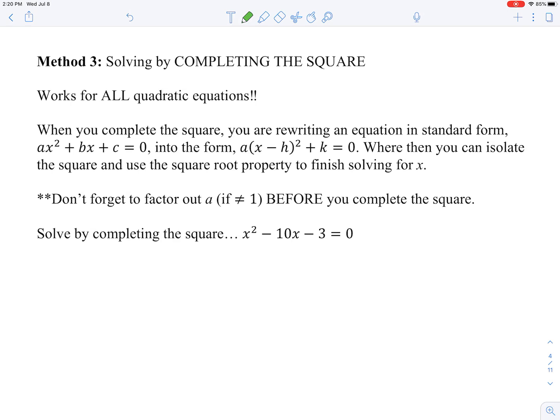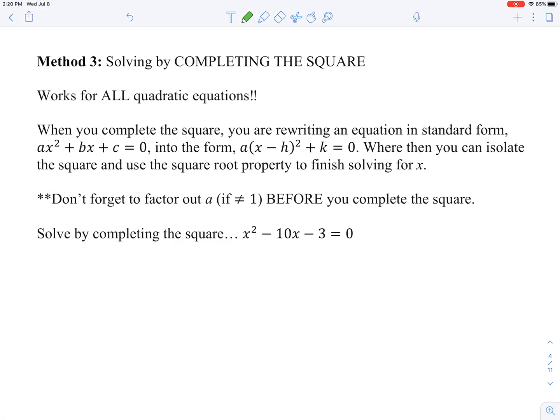Okay, not as popular as the fourth method that I'm going to talk about, but it is the basis for the fourth method, or it's how you can derive the fourth method, which is the quadratic formula. But you can solve any quadratic equation by completing the square, which is great. It's foolproof.